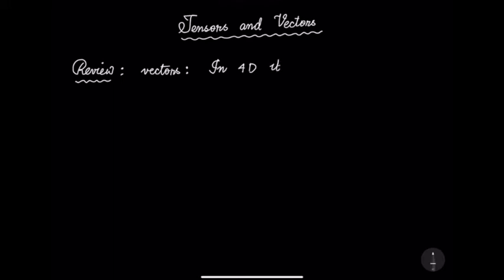It has in general 4 functions in a given reference frame S. This we call the components of the vector, vector in the reference frame S. So we adopted this notation for a 4 vector.